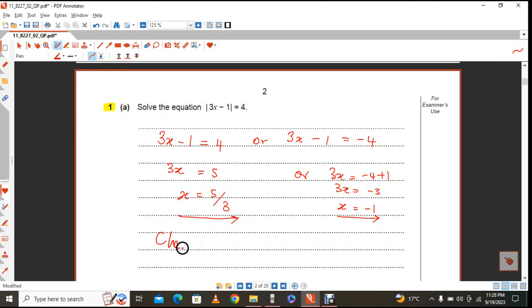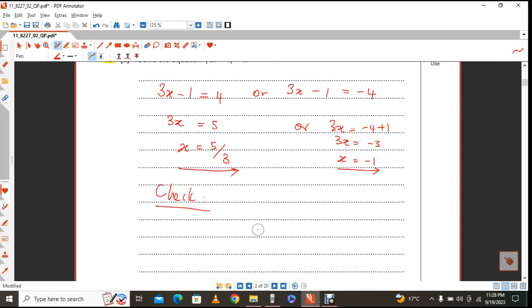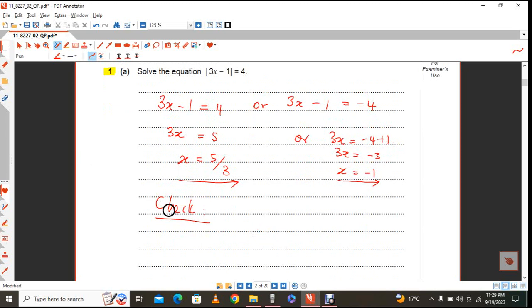You can quickly check your solutions just to make sure that both of them work. I'm going to substitute. You can do this obviously with a calculator in the exam. So you're going to have 3, and in brackets 5 upon 3 minus 1. This obviously gives you 4, and the absolute value of 4 is 4.